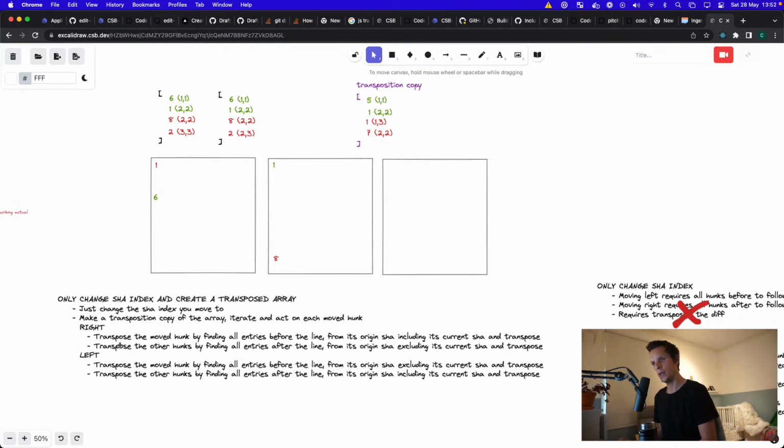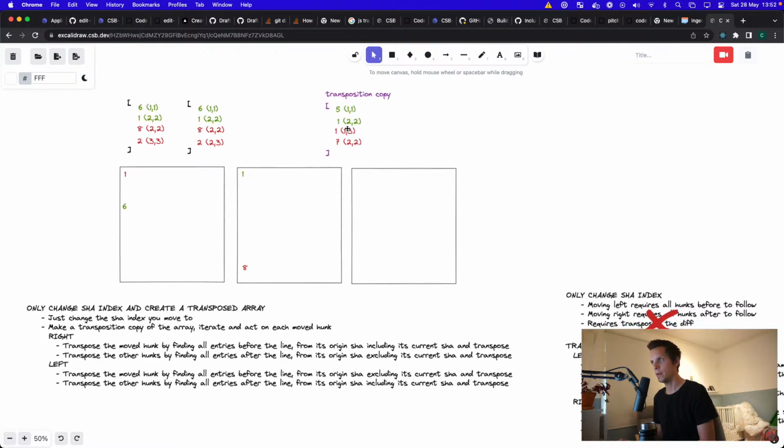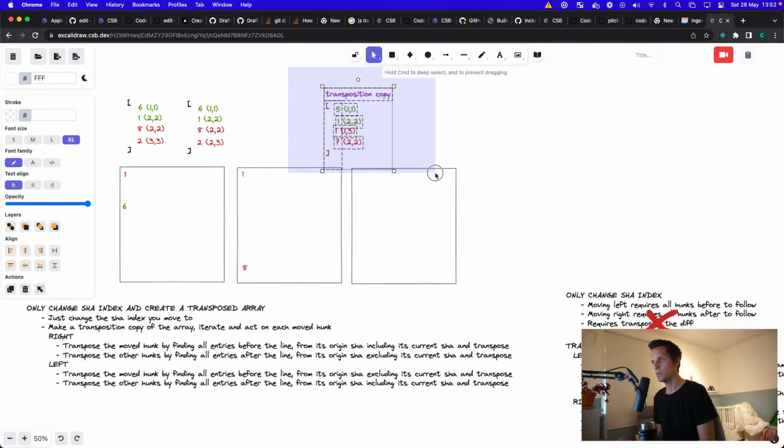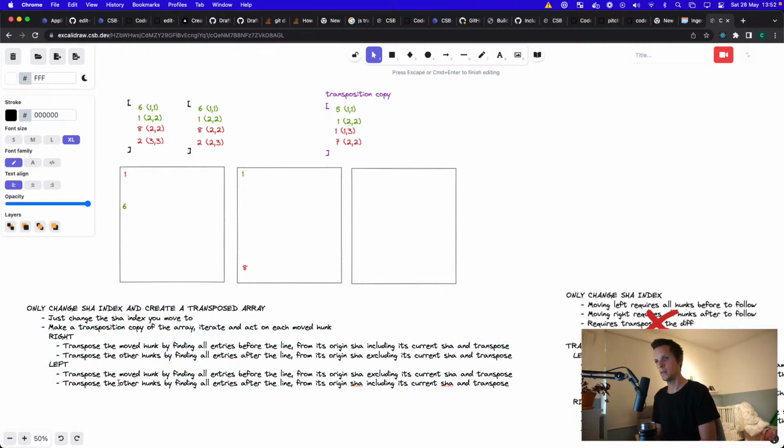Okay, so just change the SHA index you move to. Yeah, we have to, okay, sorry. We have to sort it. But we do the transposition first. Sort by line and SHA index.